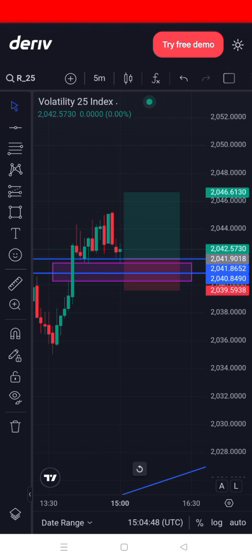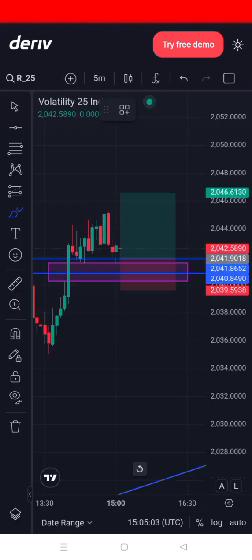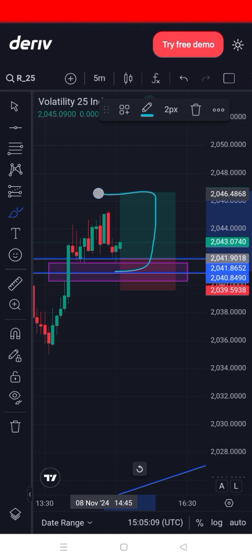Whenever it touches that area along the center, as I'm drawing, even if it decides to move backwards, it will just be trying to fill that inefficiency. That's the fair value gap in between there. So with that, you are strong enough that you can pick a trade without any worries.